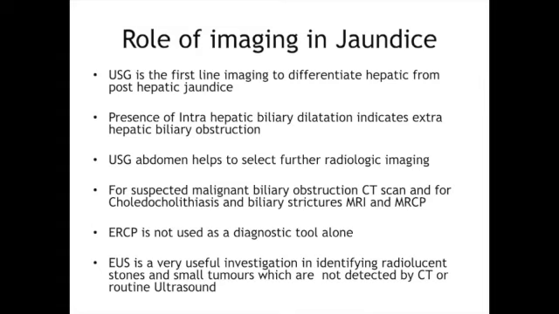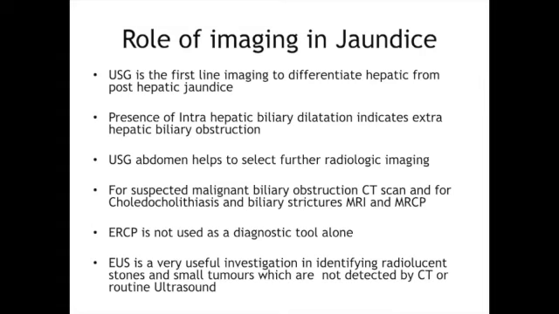It will show the presence of intrahepatic biliary dilatation when there is extrahepatic obstruction. So actually, if you do ultrasound, it will help you to plan what is the next investigation in the list. So when this obstruction is in the lower part of the bile duct, you can order a CT scan. But when the obstruction is in the upper part, especially in the hilum, you require a CT scan as well as an MRCP.